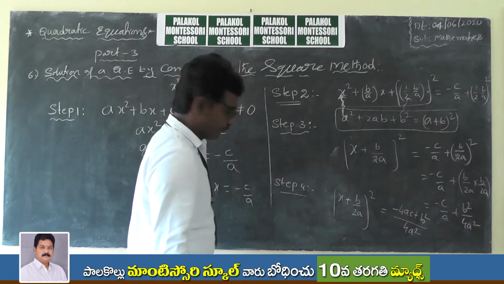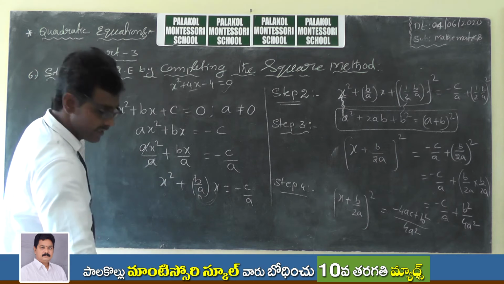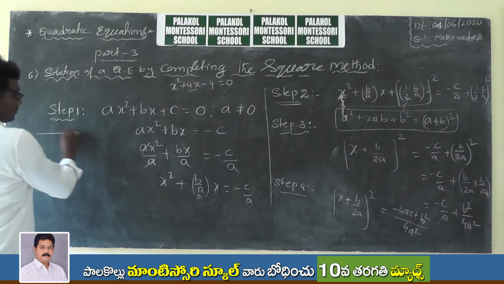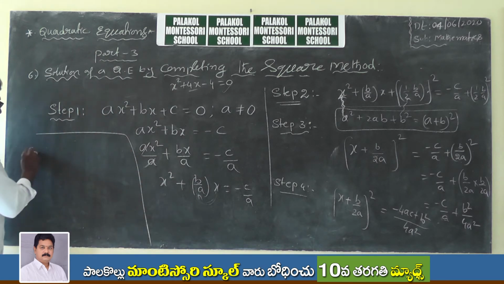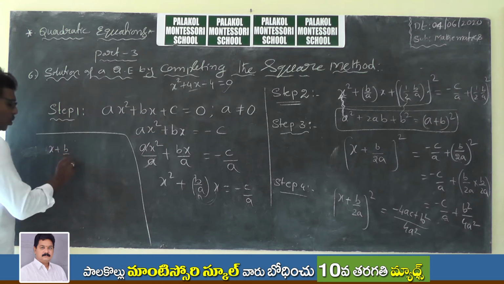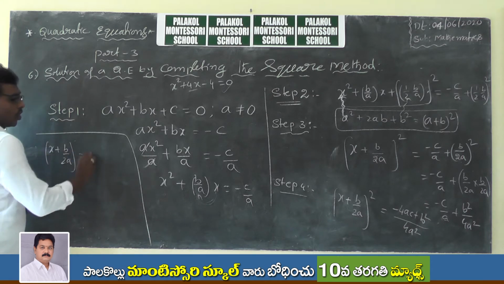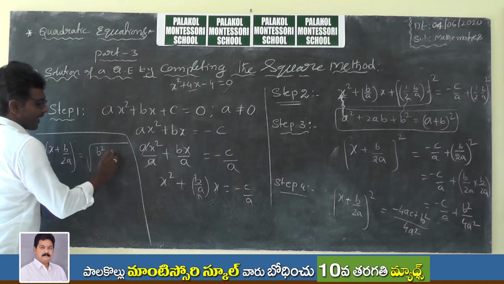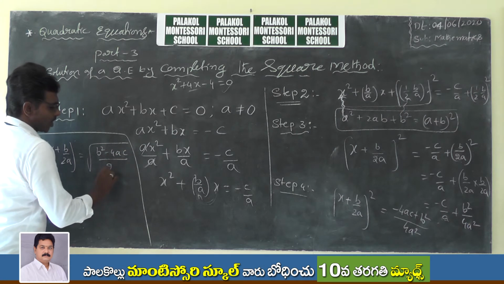So that is a here. Alright, step 4, simply x plus b by 2a equal to root of b square minus 4ac by 2a.